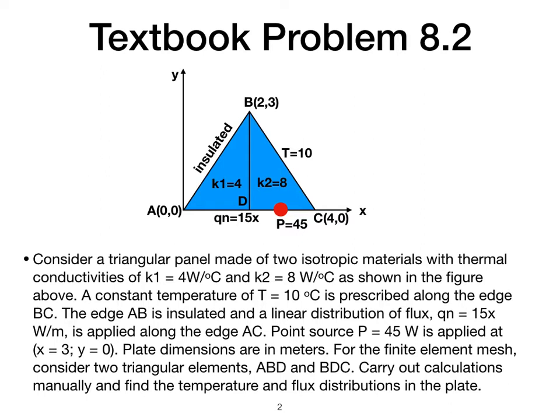Point source P equal to 45 watts is applied at x equal to 3, y equal to 0. Plate dimensions are in meters. For the finite element mesh, consider two triangular elements ABD and BDC. Carry out calculations manually and find the temperature and flux distributions in the plate.